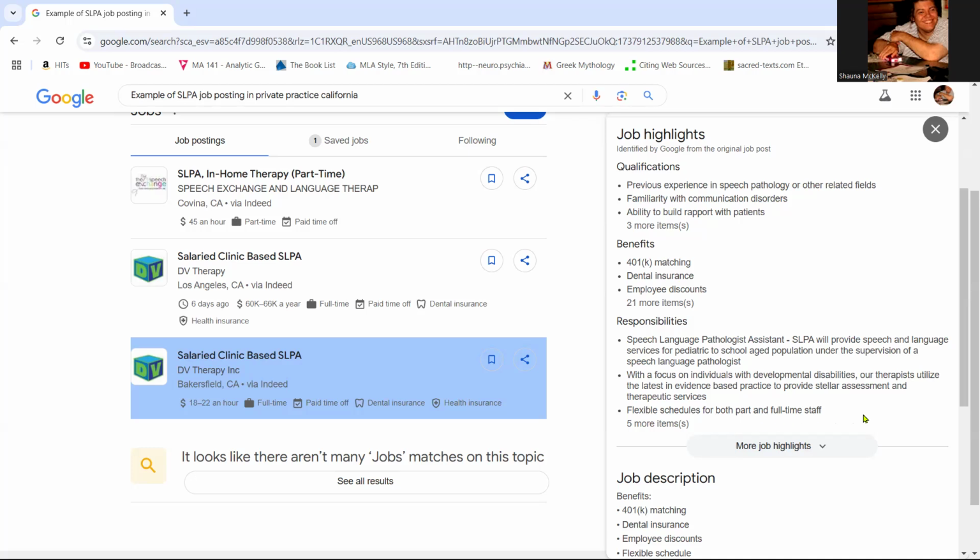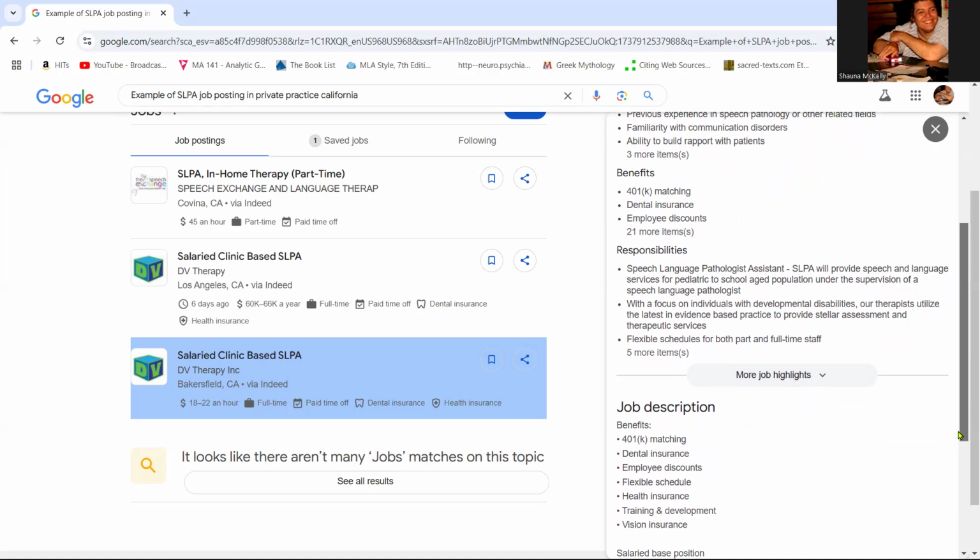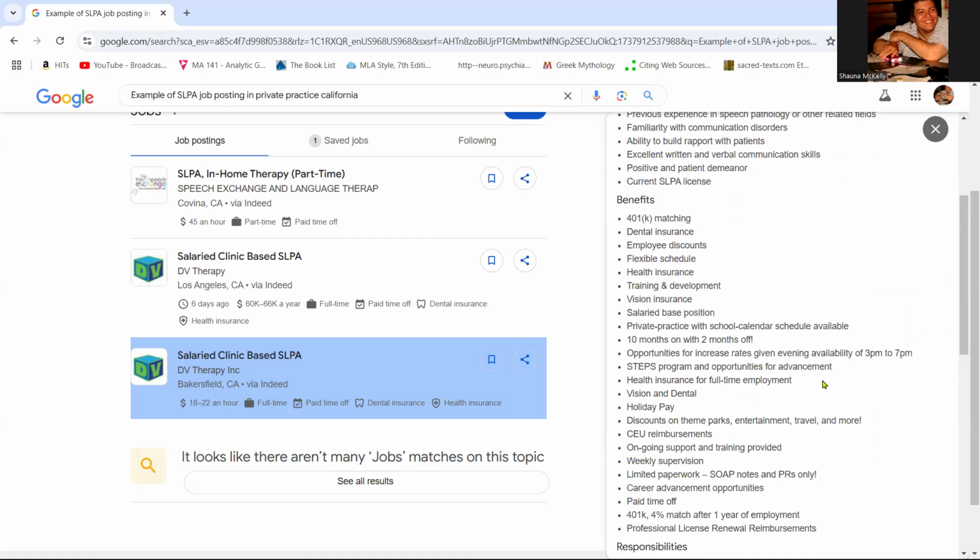The SLPA will provide speech and language services for pediatric to school-age population under the supervision of a speech language pathologist, with a focus on individuals with developmental disabilities. Our therapists utilize the latest in evidence-based practice to provide stellar assessment and therapeutic services. Flexible schedules for both full and part-time staff.